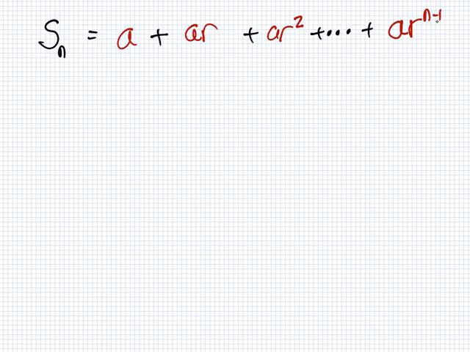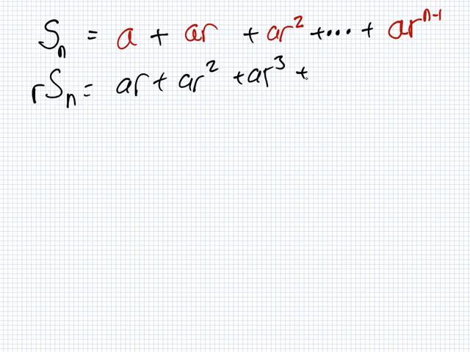Multiply everything by R. So you get Sn R equals A R plus A R squared plus A R cubed. And what would be the last term? Thank you. Now, what should I do next? Any ideas? Minus them.